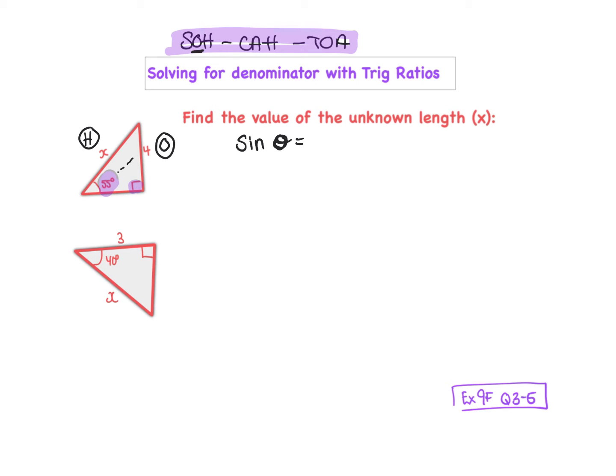Opposite, because O's listed first. So you go O and H. So this is what I want you to do. Then you substitute in all the information that you have. So I know what the angle is. What is it? It is 55. So I'll put that in there. And I know the opposite is 4 and the hypotenuse is x. So this, you will have all this written in your page.